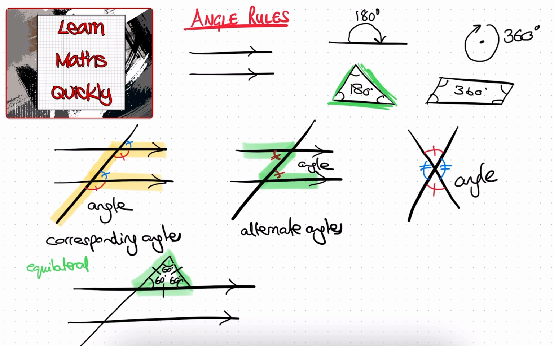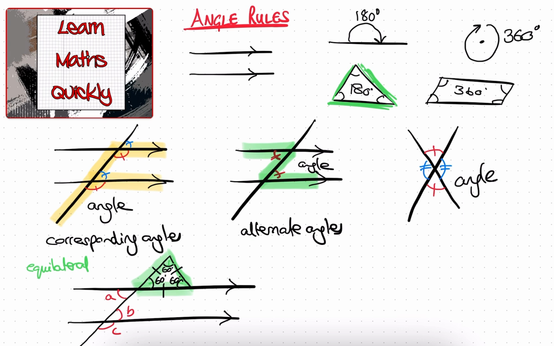Now, often you will be asked questions like, please find A here, maybe find the B here, and you might have to find C down here. So let's go back to some of the corresponding angles, alternate angles, and the ones around an X, and try and figure out if there's anything here which we can spot.